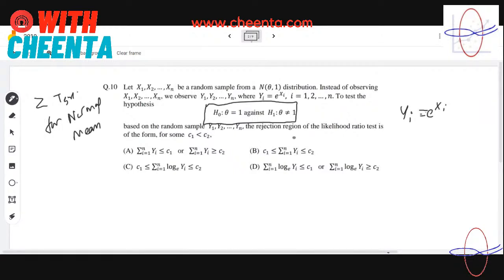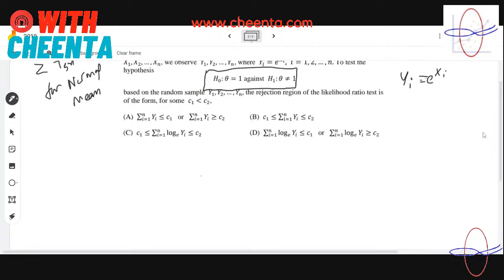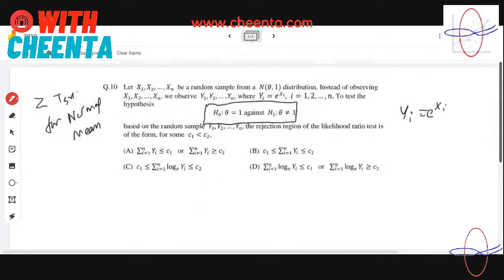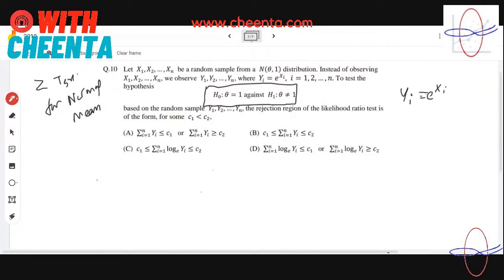If it's a z test of the normal mean, you have the data yi instead of xi. So what does the z test look like? Let's say you have the data xi; let's try to write the test in terms of xi.